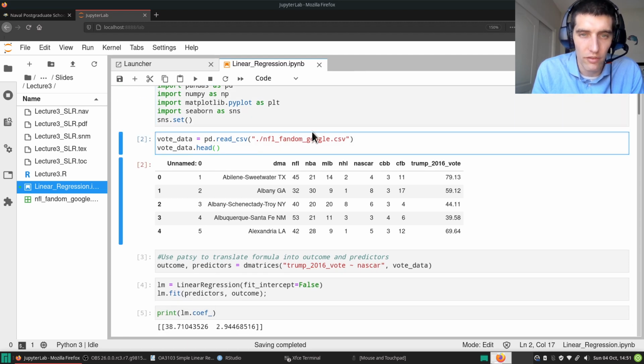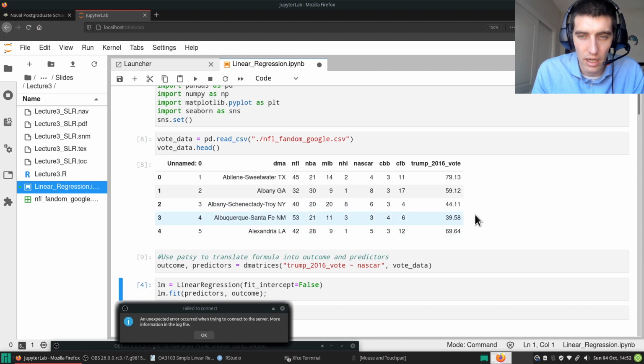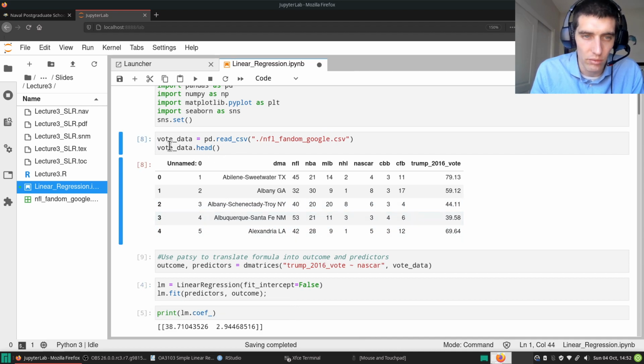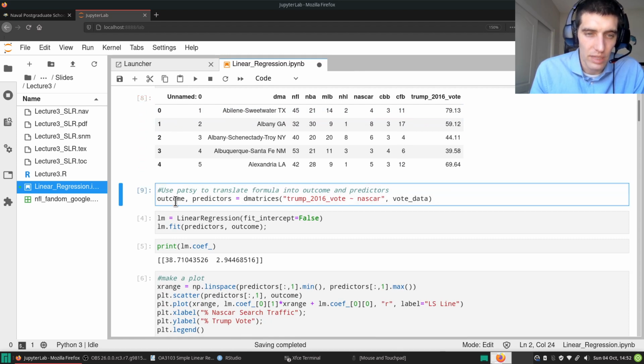Okay, so I'm going to load this voting data. This is exactly the same data we were looking at in R, and what I see here is running head on this data frame. I see metropolitan area, all these different numbers, right? The Trump vote, and the percentage of Google traffic related to the different sports. I'm going to create outcome and predictors with dmatrices.